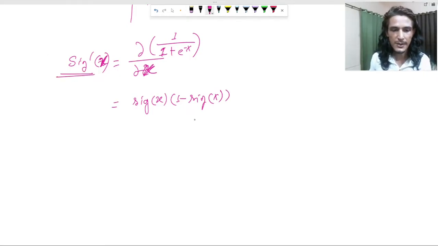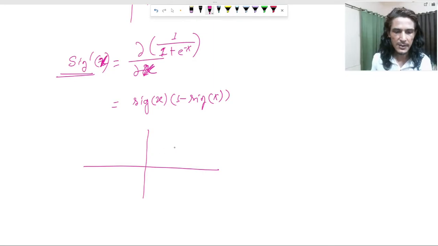Now I didn't show you the steps involved, but in a moment using code I'll show you that whatever I'm saying is, at least visually, right. What I mean by visually right is that the sigmoid function looks something like this. Now this is your minus 1, it saturates almost at 1, and this is 0, and this is 0.5.